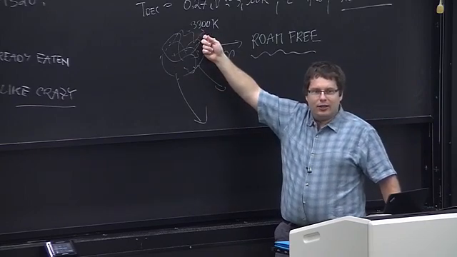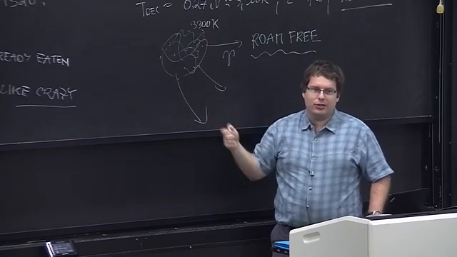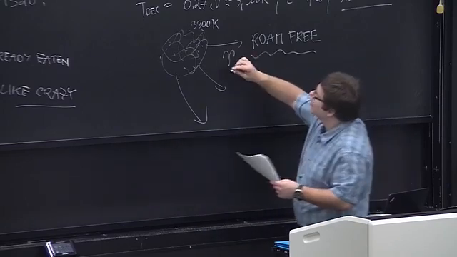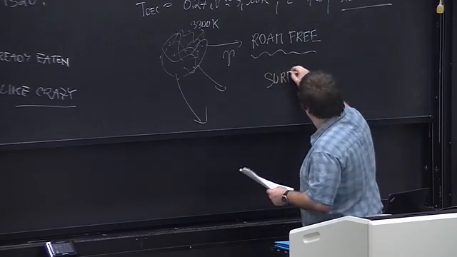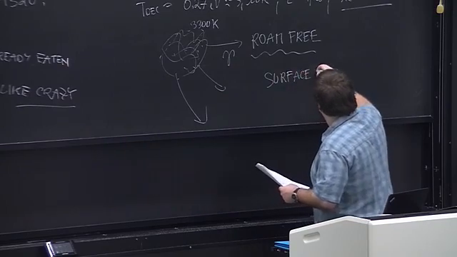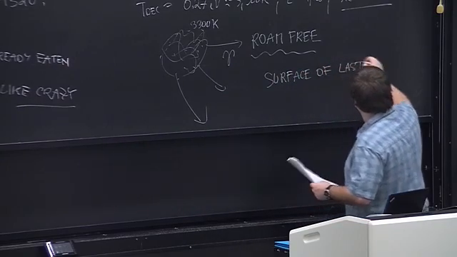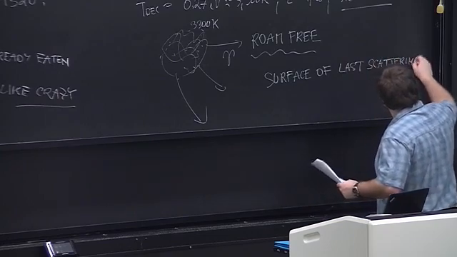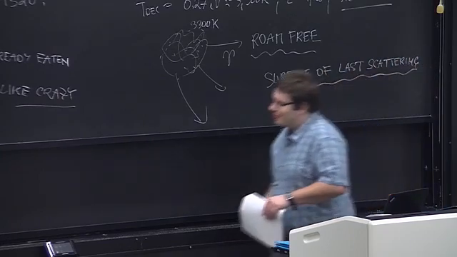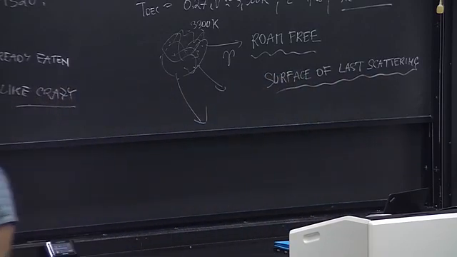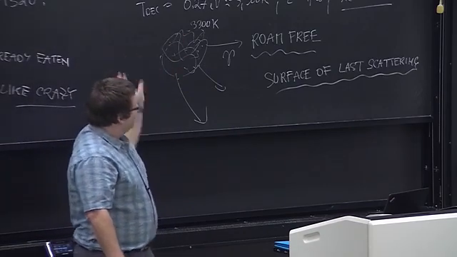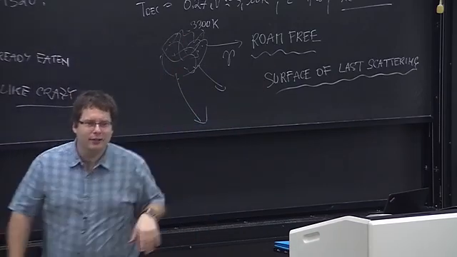This happened very suddenly, and the surface when it happened is called the surface of last scattering. Photons like to scatter if they can, and so they were trying to do it until they could, and then when this wasn't efficient anymore, they just go and never scatter again.